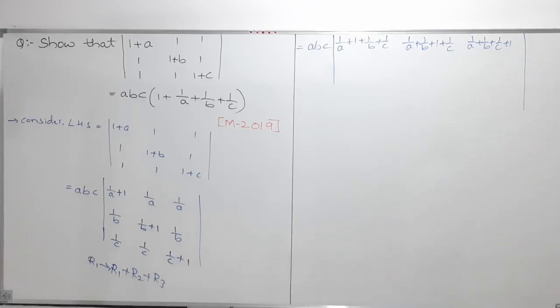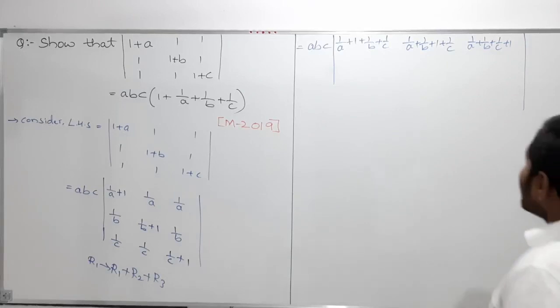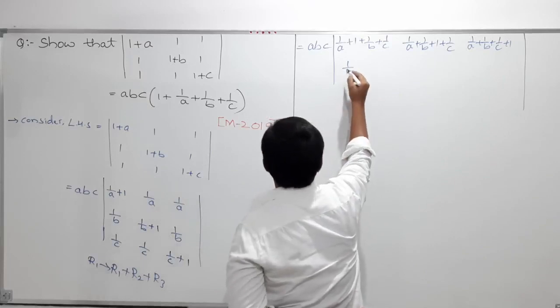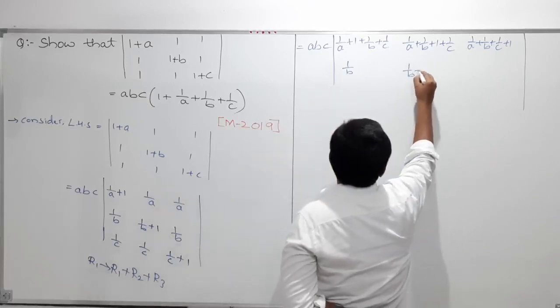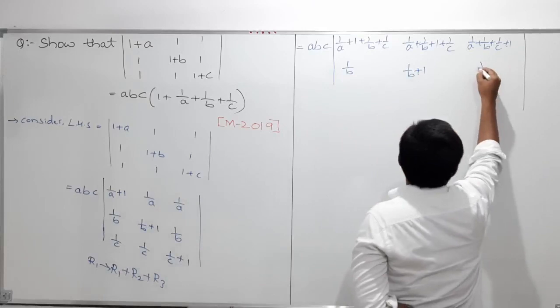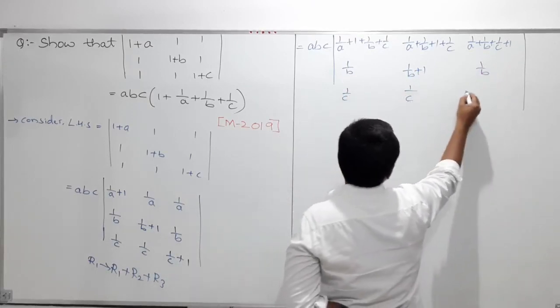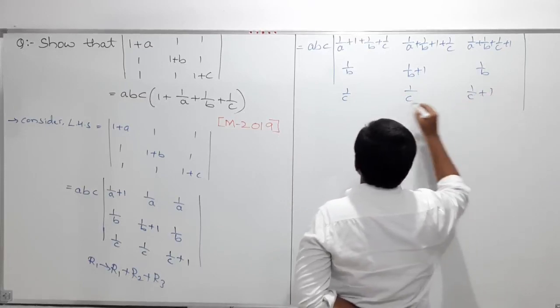Yes, so like this you should write. Clear? So now my dear students, I will write the remaining elements as it is. That is 1 by b plus 1 by b, and next 1 by c, 1 by c, 1 by c plus 1.